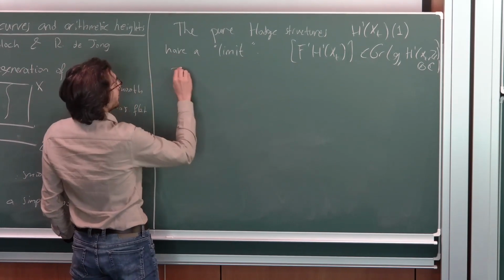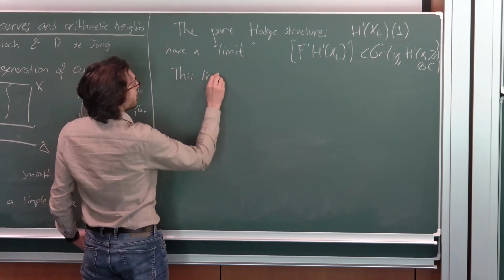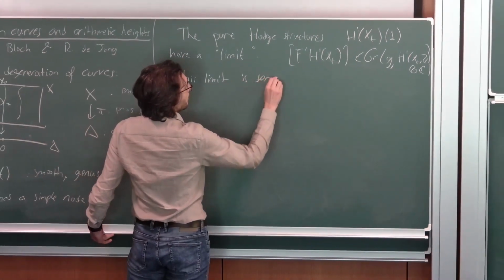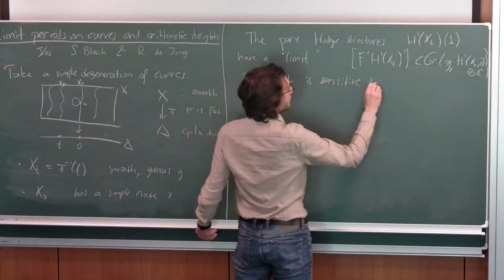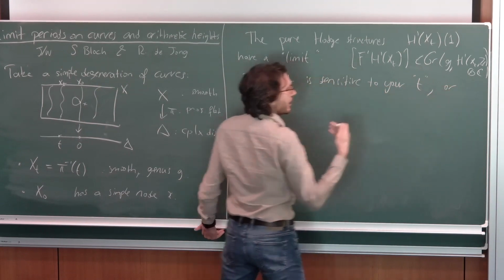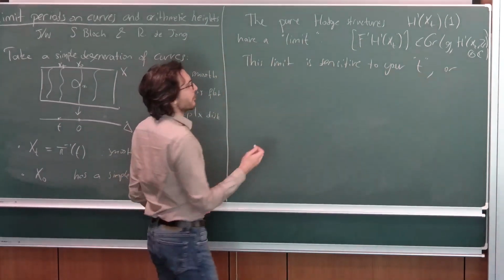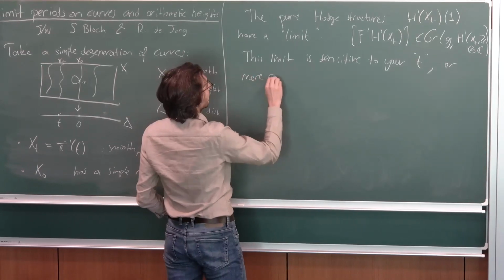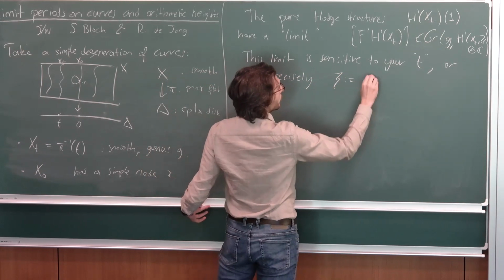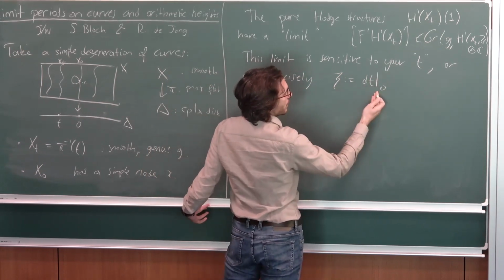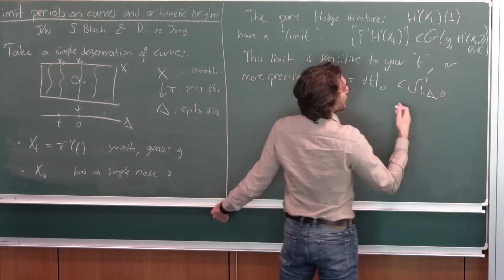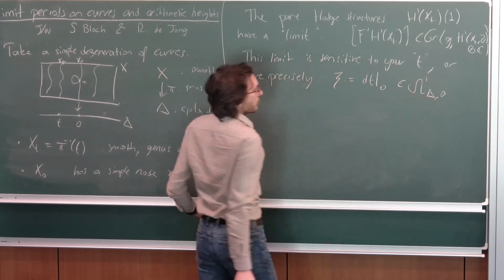And so this limit becomes sensitive to what is your limiting parameter, or more precisely, the infinitesimal rate at which you approach 0. And this I will call psi, which is, let's say, the differential of t at 0.